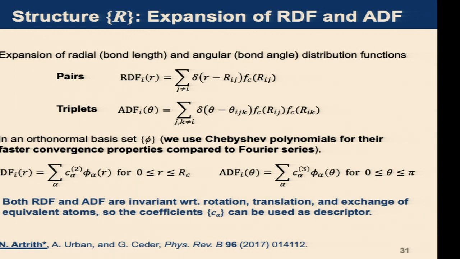In the 2-body term, after the expansion of the basis function we have the coefficients, which we use together with the R-cut. In the same way for the 3-body term, we have a similar expression, and then we expand it in this function. This makes both the radial distribution function and the angular distribution function invariant, and we can use it as a descriptor.